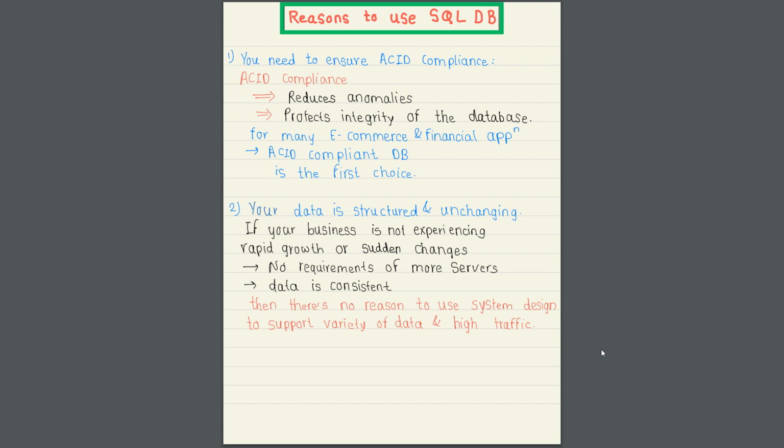Reasons to use a SQL DB. Why will we go for a SQL DB? Different reasons will be there. If you are going for ACID compliance or ACID related properties which need to be followed, where we have transaction management and transactions store information, in those cases we will go for row and column based information. That is called SQL, which has structured and unchanging data. For these reasons we will go for ACID.